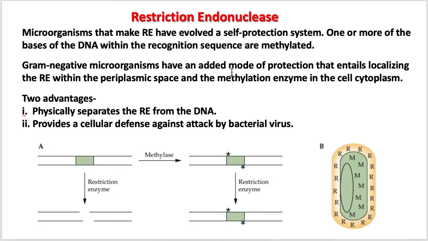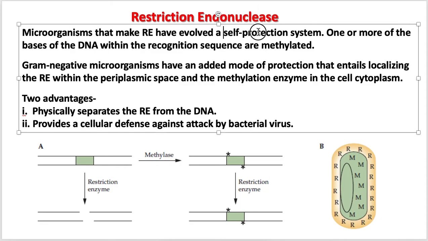Now the fact is the bacteria who produce this enzyme themselves have DNA, right? So theoretically their enzyme should cut, that means destroy, their own DNA. But it doesn't happen. Why? Because the bacteria have a self-protective system.